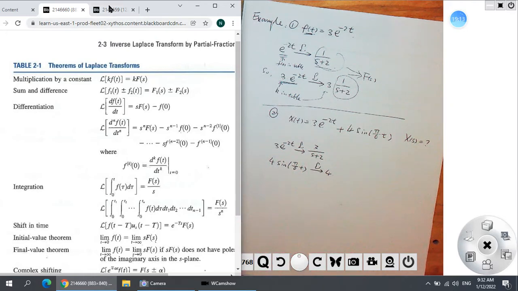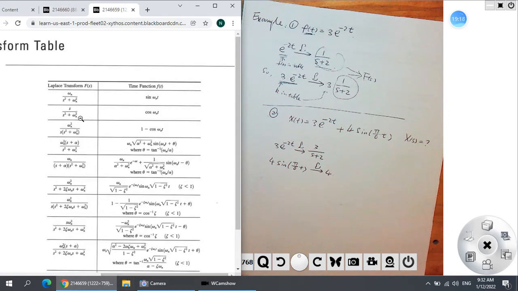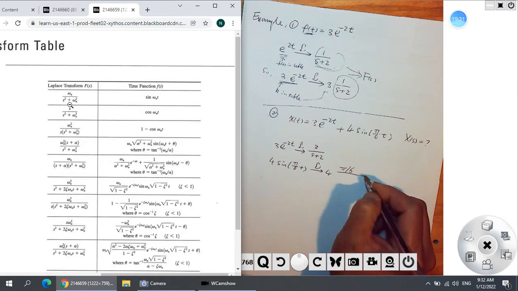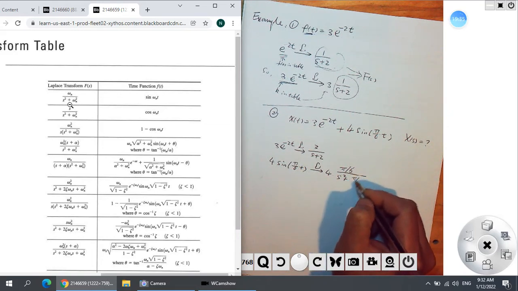In this table we have a sine: sine omega t goes from the time domain to the s domain. Here omega n is pi over 6, and the denominator is s squared plus omega n squared, that is s squared plus pi over 6 squared.